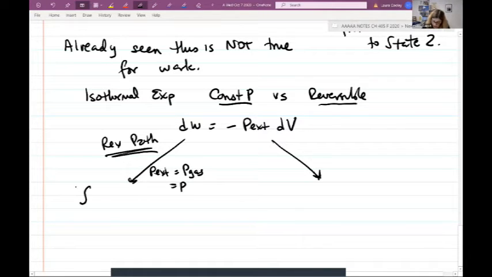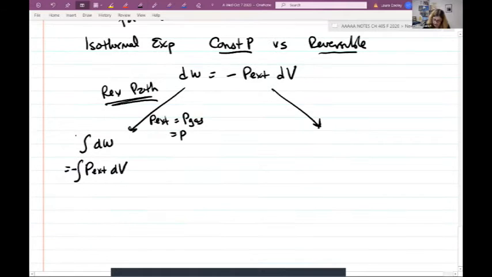So the integral of dW becomes the integral of minus P external dV, which is minus P dV, which is minus nRT over V dV. We did this on Monday.